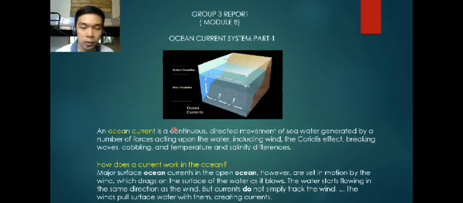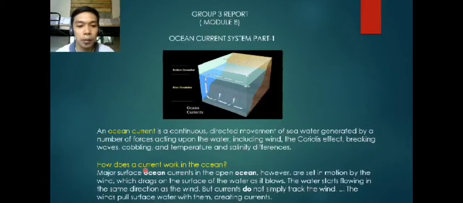So, ang ocean current, ito yung tuloy-tuloy na direktang paggalaw ng tubig sa ating karagatan na nabuo dahil sa mga pinagsama-samang force ng hangin, yung Coriolis effect, breaking waves, coupling, yung temperatura, and salinity differences or yung pagkakaiba-iba ng alat ng ating karagatan na nag-a-act sa surface ng karagatan.